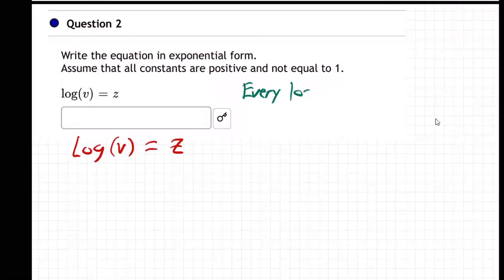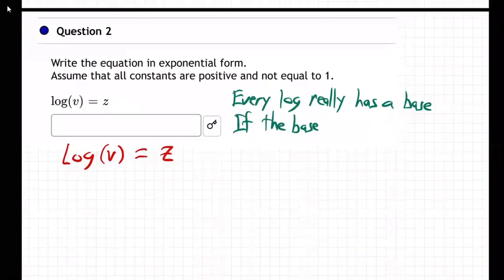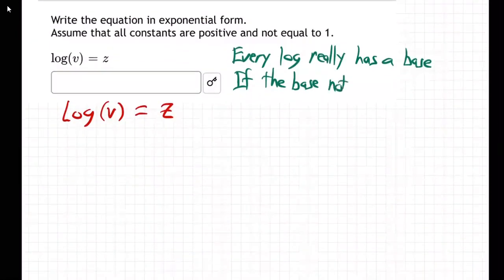Every log really has a base. If the base is not showing, oh, sorry, it's 10.